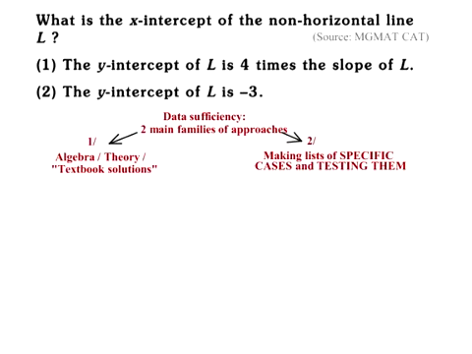If you try an algebraic approach to a problem and it doesn't work, then it's pretty much time to start making lists. And if you try making lists and that doesn't work, then it's pretty much time to look for a textbook type solution.